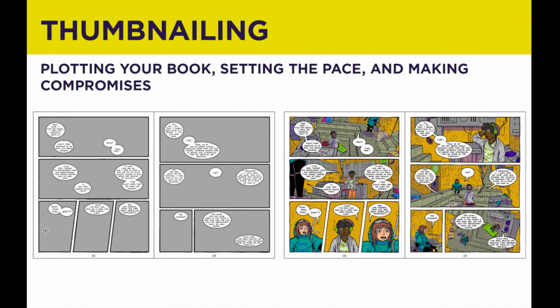Yeah, I'm starting to imagine those decisions, but again, without really committing to any artwork, I'm mostly looking at how the dialogue is flowing from panel to panel, and a big factor is looking at the length of the sequence.